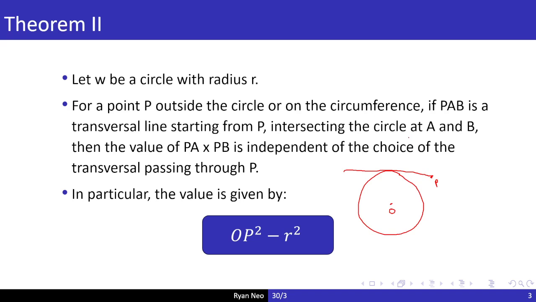But this part says it cuts the circle at A and B. Well, when it cuts through the circle one time, what it's saying is that both point A and point B are at this point. Compared to when you cut through like this, for example, point A would be here, point B would be here. But if you cut through at one point only, point A and point B would be on the same point, sorry.